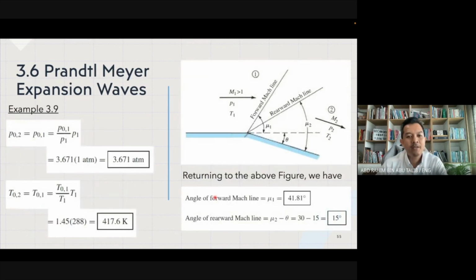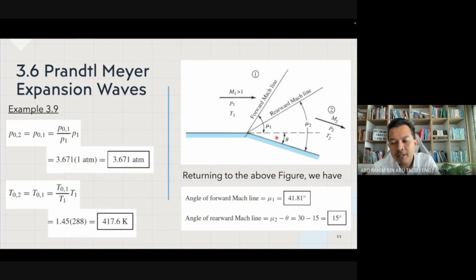All right. So from there, you can immediately get the value of P02, which is equal to P01, and the value is 3.671 atm. At the same time, T02 equal to T01, you get the value of T02 equal to 417.6 Kelvin.